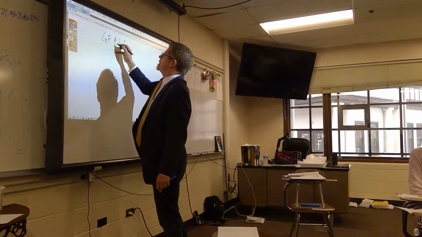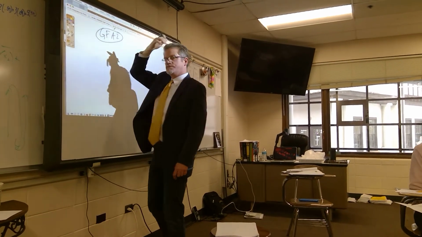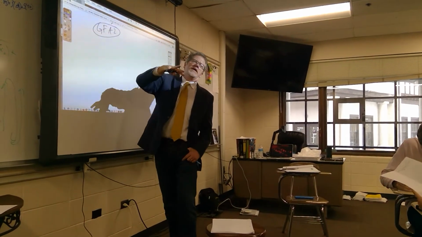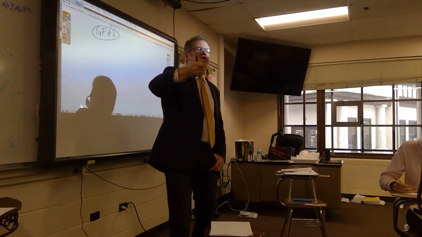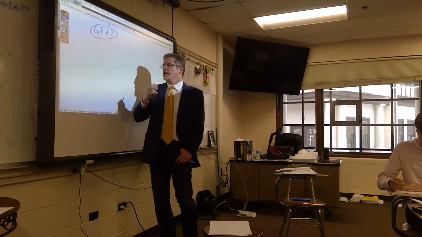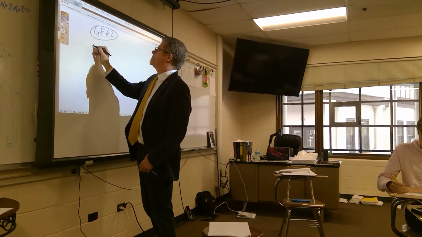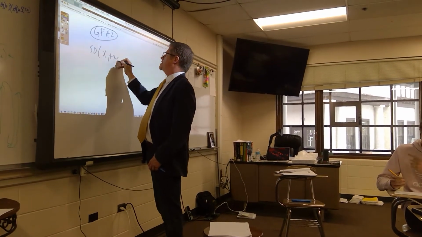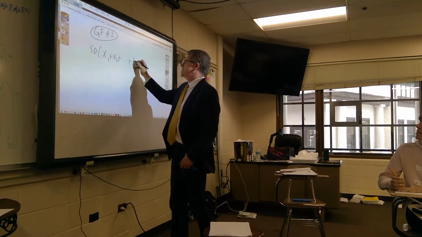GFA problem number 2. Same X: it's a 5-cup scooper, standard deviation 0.3. Y is a 2-cup scooper, standard deviation 0.1. I would like you to find the standard deviation of x1 plus x2 plus ... plus x sub 10.